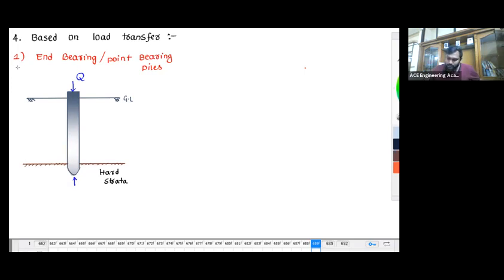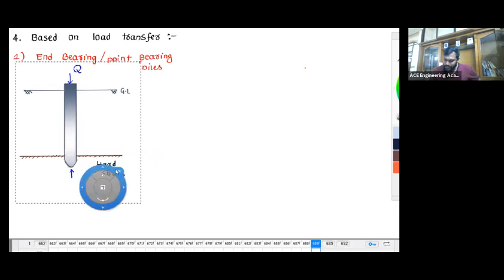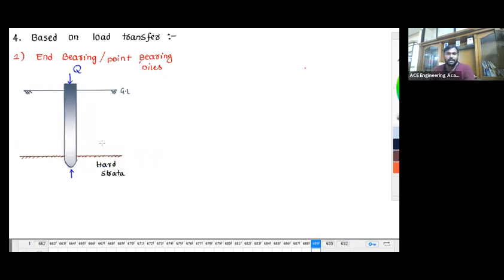In simple words, the maximum load that the pile can take entirely depends upon the resistance from the end bearing.